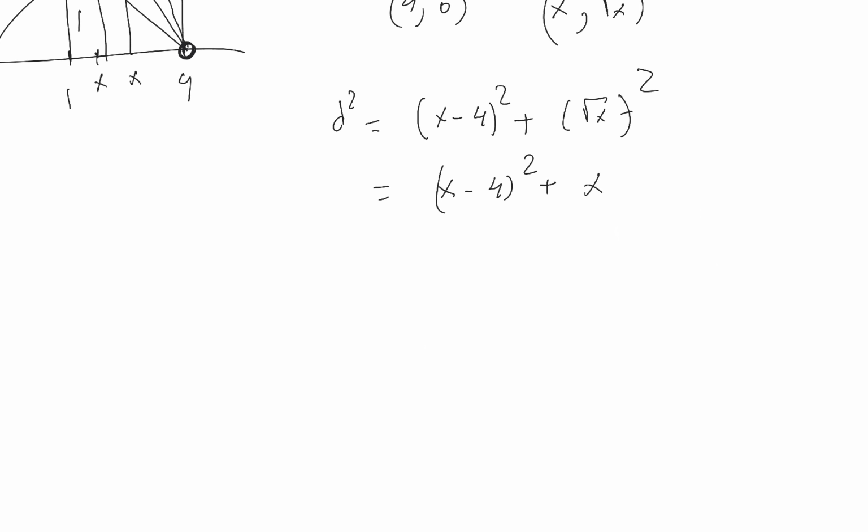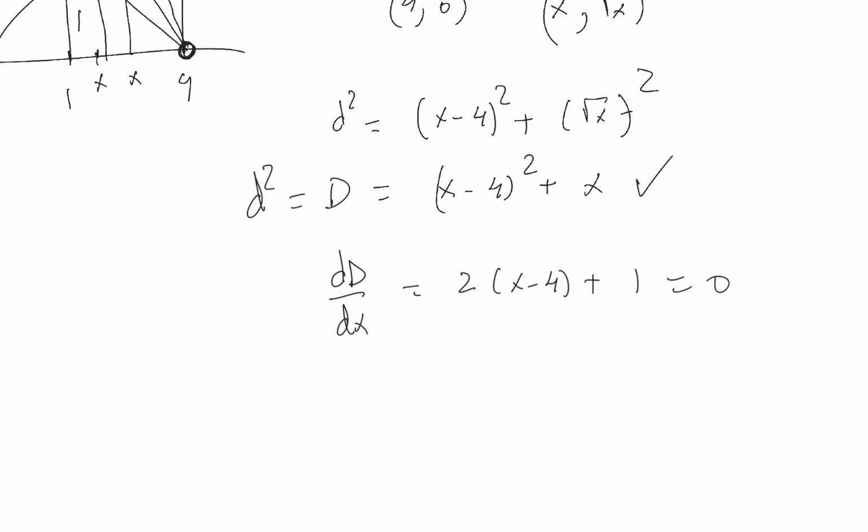And this function, the function that depends on x, I want to minimize. I want to minimize this function, the capital D. So capital D is d squared. So how can I minimize the function? Do the derivative of D with respect to x, and set it equal to 0, and you will find the point. 2 times (x minus 4) plus 1 equals 0.